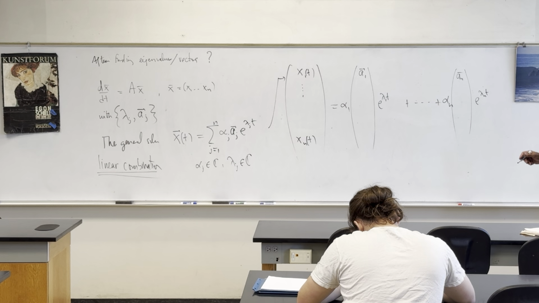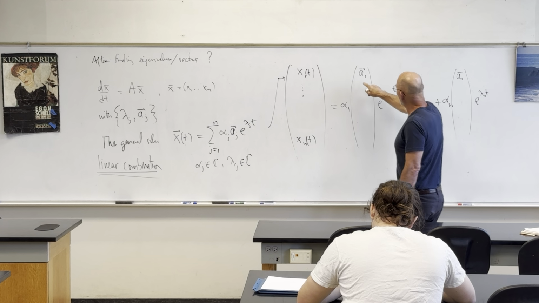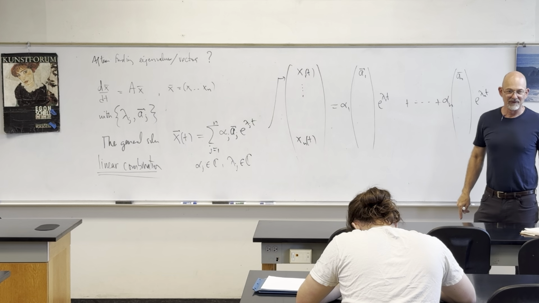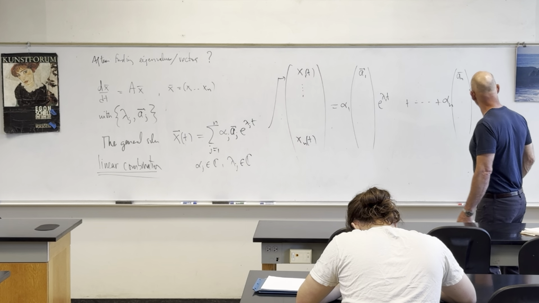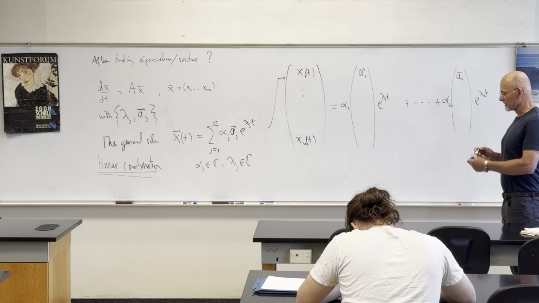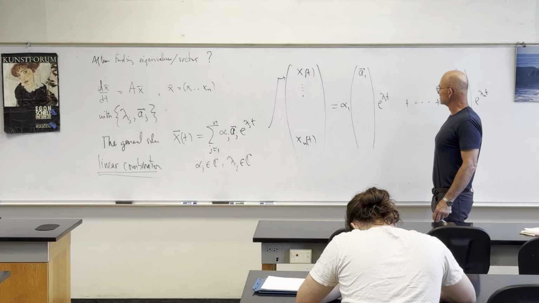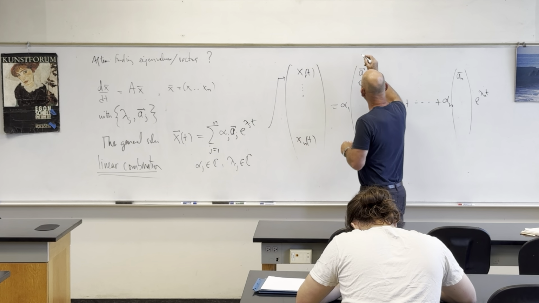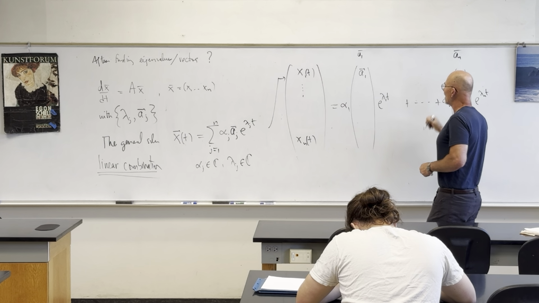But since this is going to be a matrix multiplication, we can organize these things. We can think of these eigenvectors as column vectors. So I'll label it up here, as column vectors.